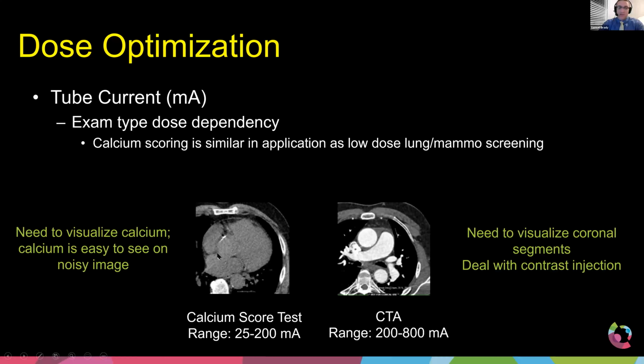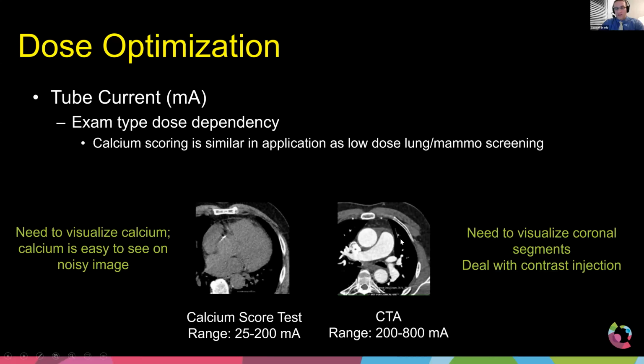Now, I'm not a radiologist, and I can look at that, and then obviously I know where to put my ROI, and I know how to do my calculations based off of that plaque that I can see here. And so you don't need a lot of photons to get that image right there. And therefore, obviously, you're not injecting iodine in the image. And so you can optimize the mA depending on the clinical task.